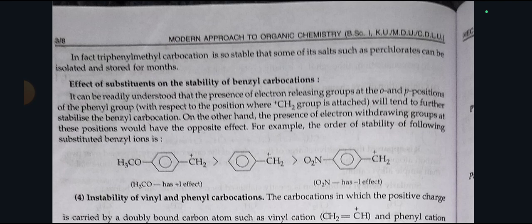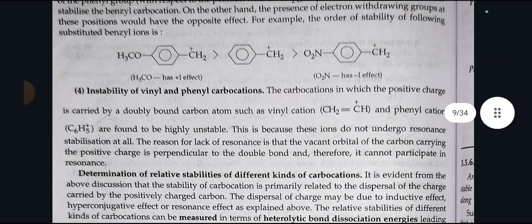For example, the order of stability of the following substituted benzyl cations is CH3O-C6H4-CH2+ is more stable than C6H5CH2+, which is more stable than NO2-C6H4-CH2+. CH3O has a plus I effect, NO2 has a minus I effect.